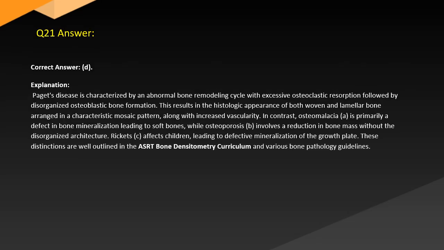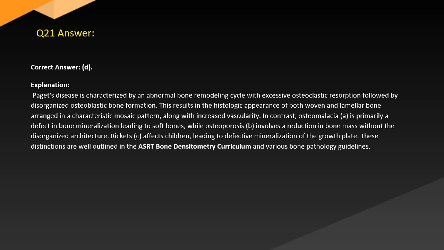Answer. Correct answer: D. Explanation. Paget's disease is characterized by an abnormal bone remodeling cycle with excessive osteoclastic resorption followed by disorganized osteoblastic bone formation. This results in the histologic appearance of both woven and lamellar bone arranged in a characteristic mosaic pattern along with increased vascularity.